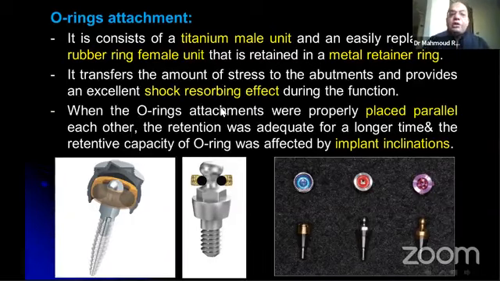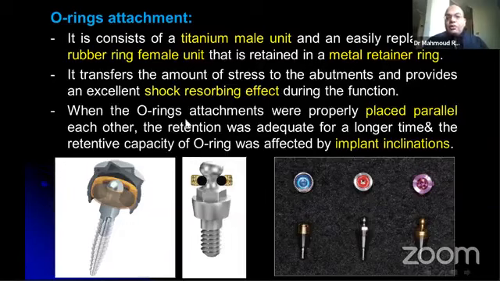It transfers the amount of stress to the abutments and provides an excellent shock resorbing effect during function. So it will be a very resilient attachment, and this type of attachment is the most commonly used with most of the implant companies that we deal with.